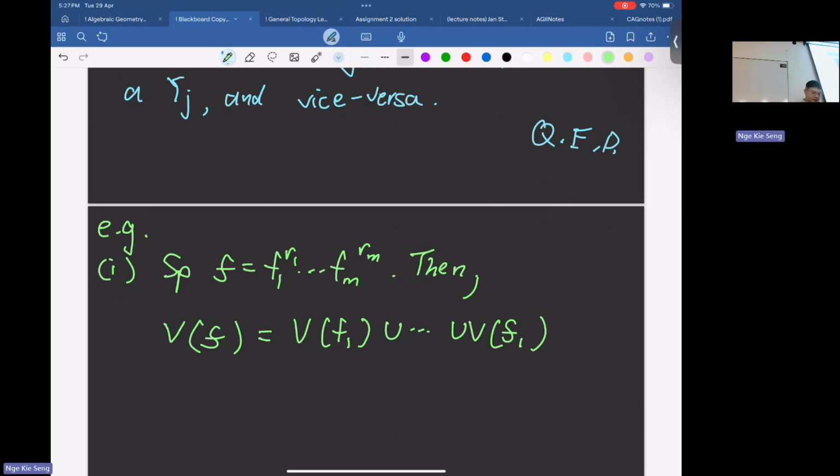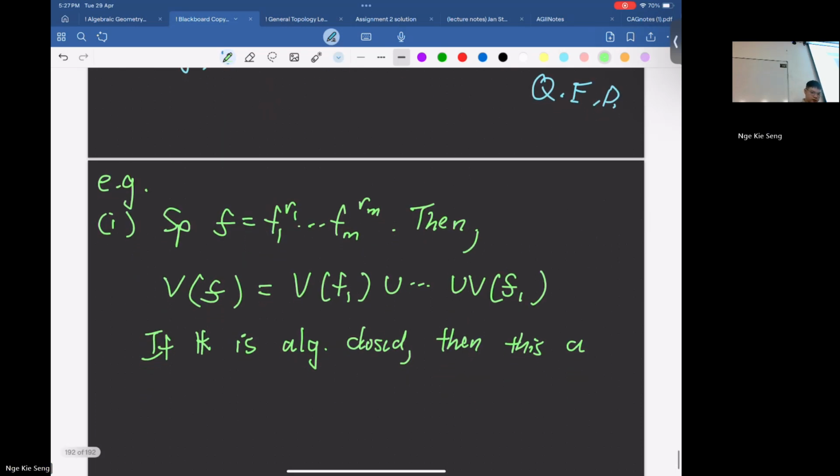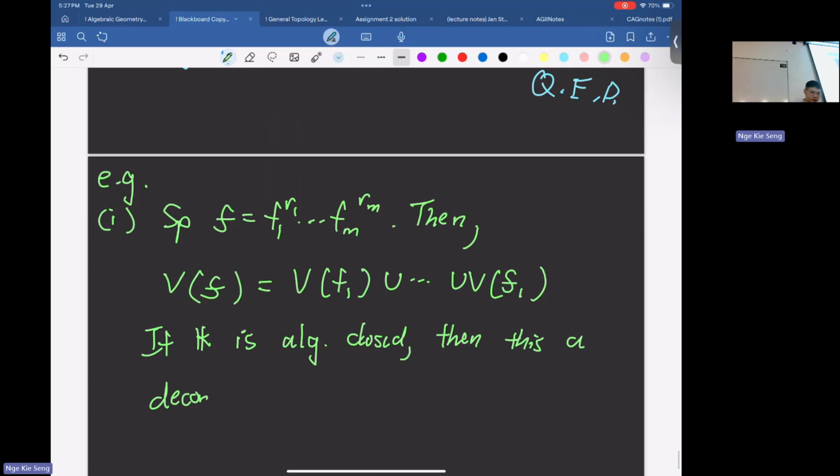In this case, if we have one more condition, let's say K is algebraically closed, then actually this is the decomposition, meaning all these are irreducible. You can ask a question: if I take I on this VF, what do you get actually?